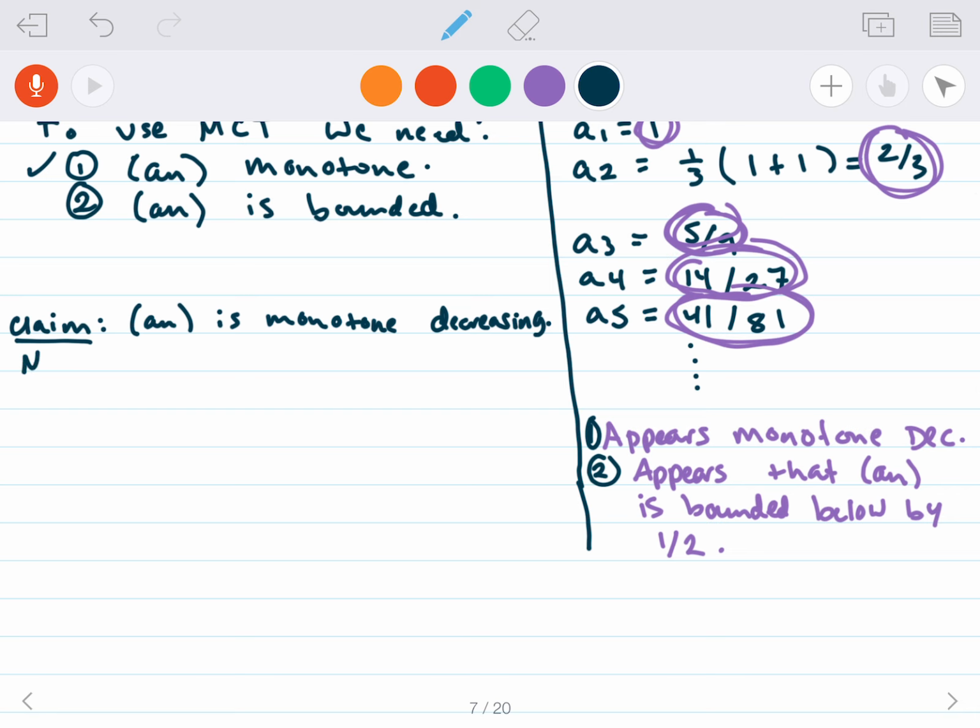So we need to show that the next term is always going to be less than or equal to the previous term for all n. Okay, that's what it means to be monotone decreasing. So I think the easiest thing to do here is an inductive argument. So remember, this is what we're trying to show right here.